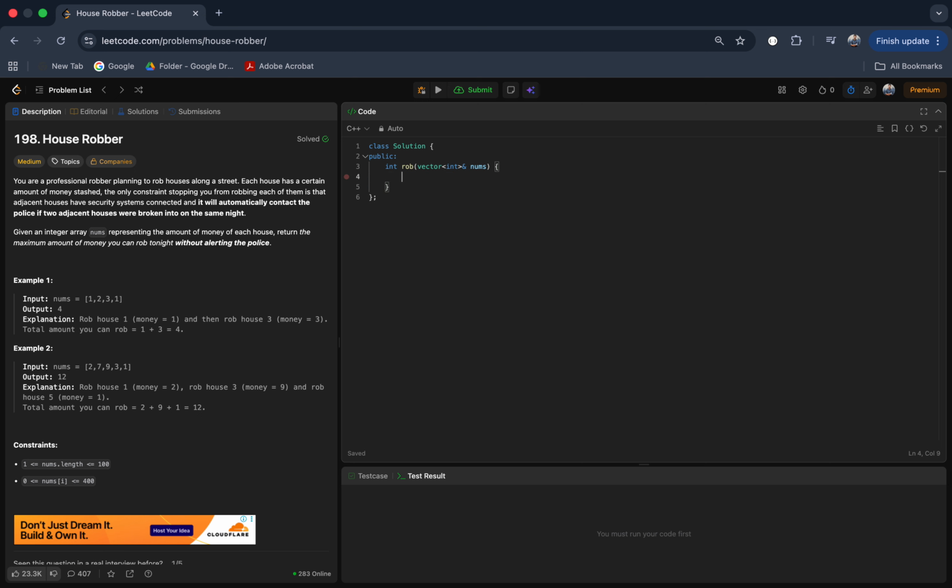We will write our function helper, and in the helper we'll pass the nums, and in the nums let's first make n equal to nums dot size.